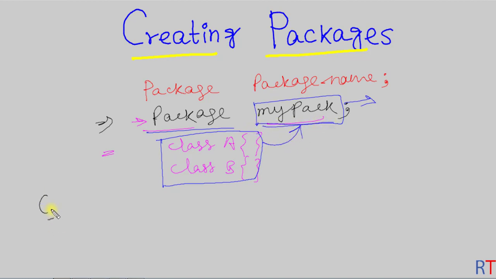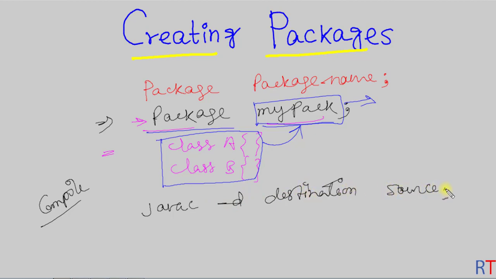So now we're gonna see how we can compile and create one package using the CMD. First we have the statement javac followed by -d, and then the destination location, and after that we have the source java file. Like an example, first we have javac, then -d, and the destination is the location where the class file will be stored after compilation.